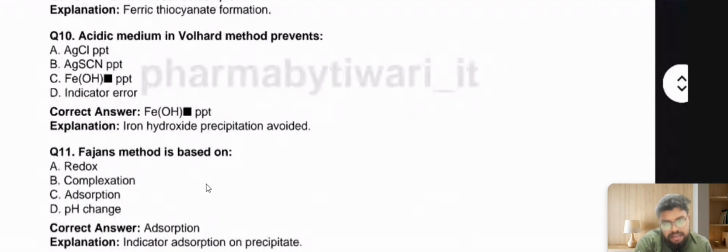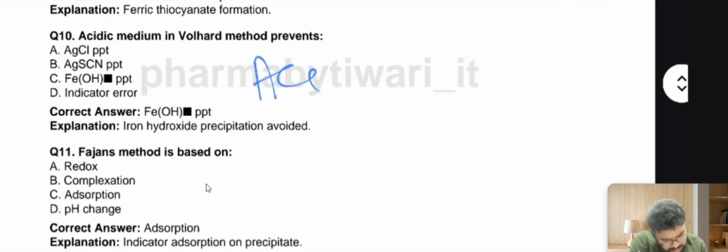In Fajans method, we use an indicator. The indicator adsorbs on the formation of precipitate. Okay. In Fajans method, mainly we study the nature of adsorption. We discuss some indicators used in Fajans method.